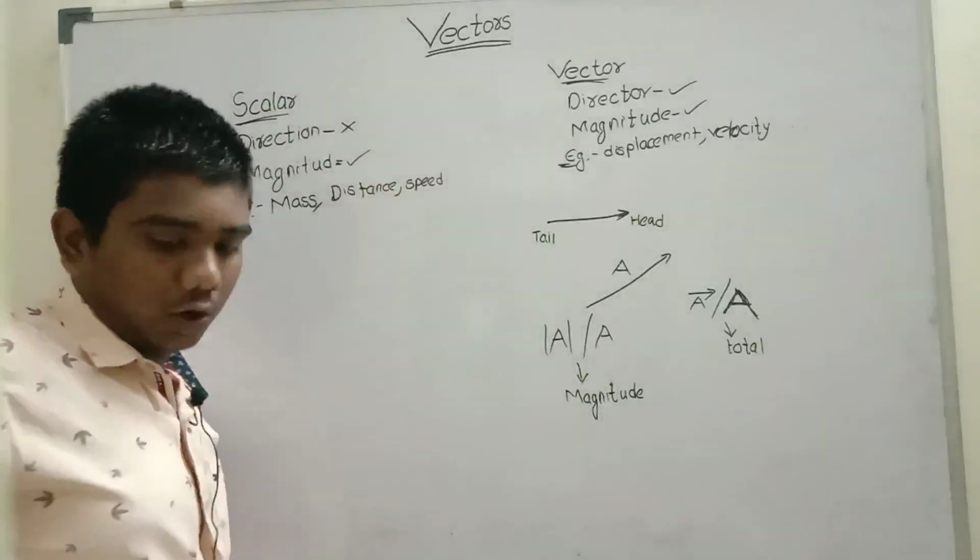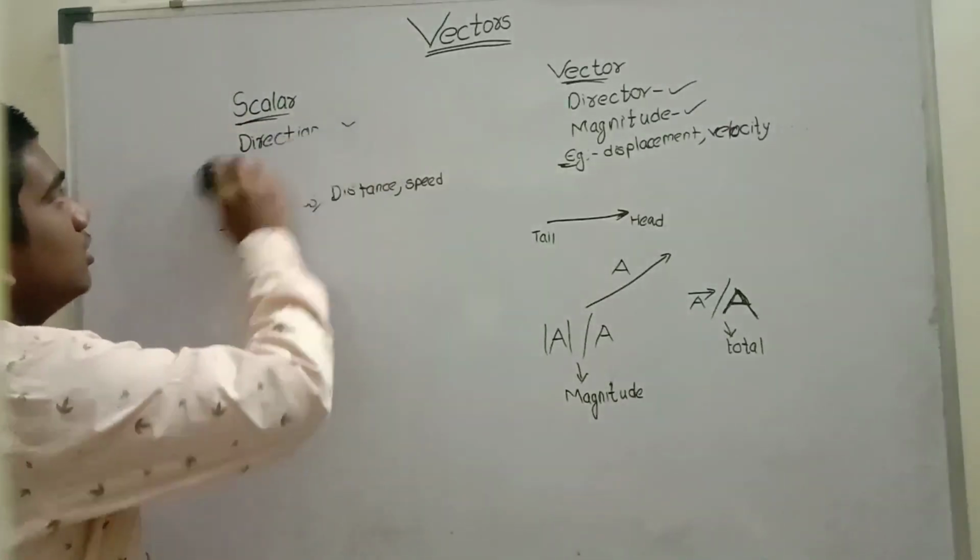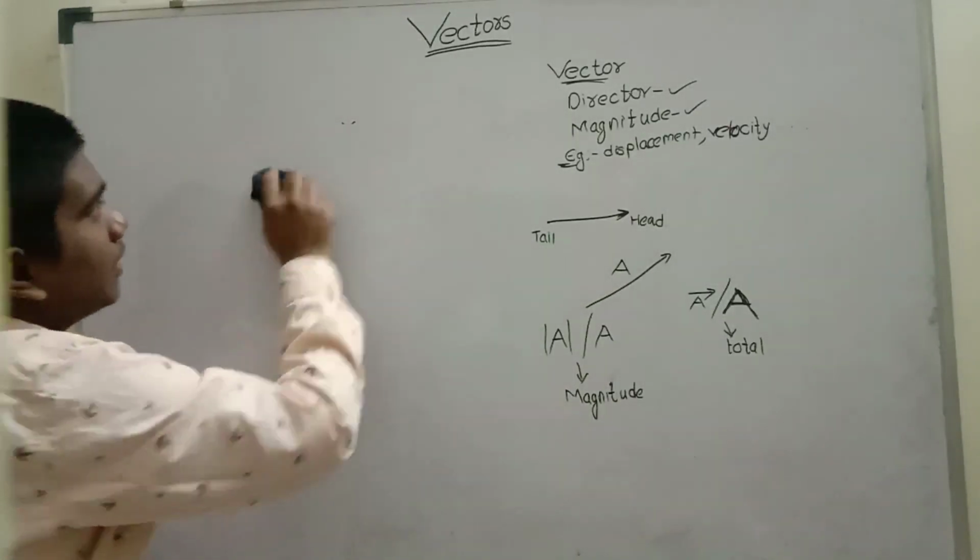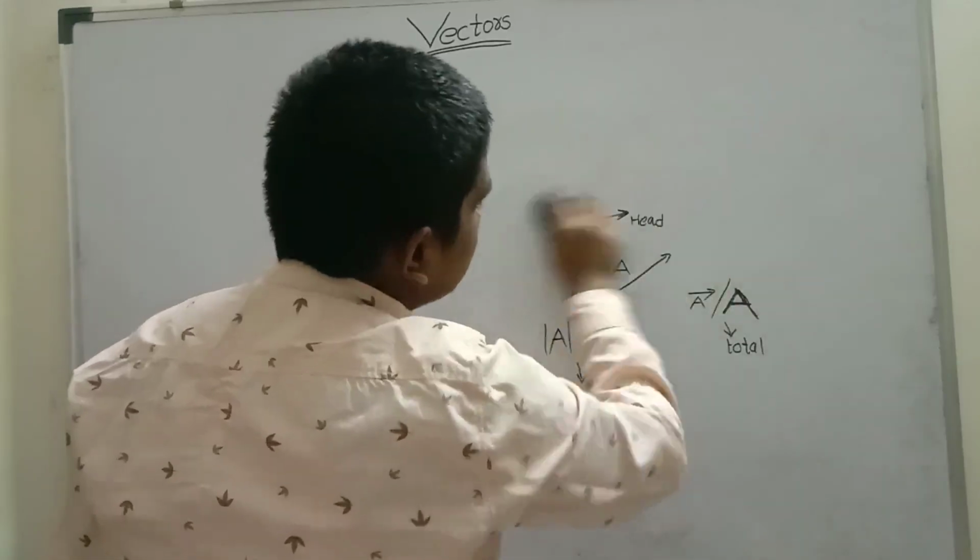Okay, let us see how many types of vectors there are. Vectors are mainly of 9 types.